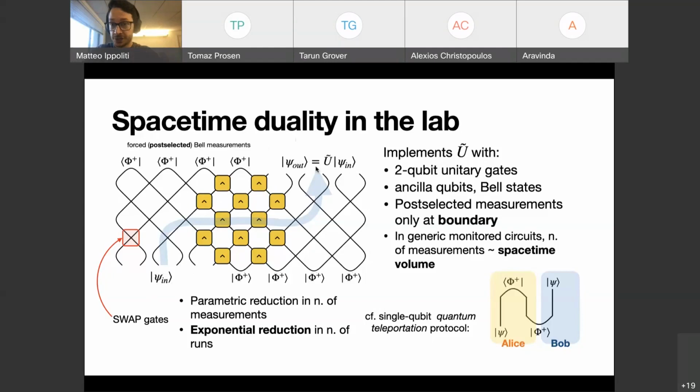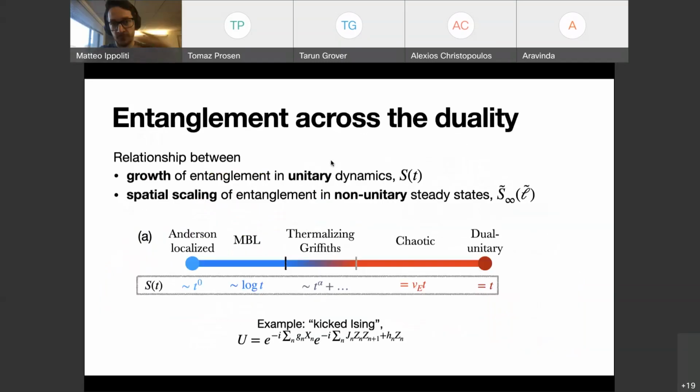But your output state is actually related to the input state through this dual of your evolution. So you have implemented space-time duality with reasonable ingredients: 2-qubit gates, ancillas, Bell pairs, and a reduced number of measurements. Okay, so that's so far as implementing this in practice.